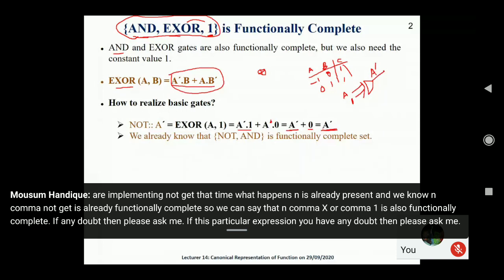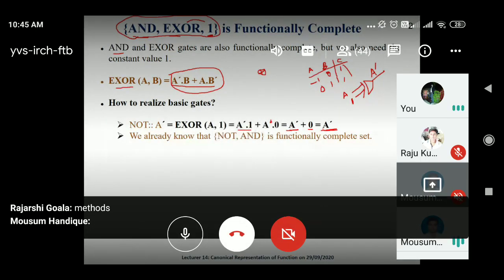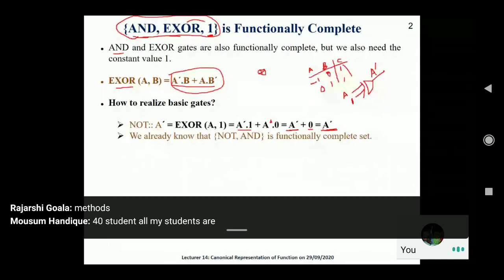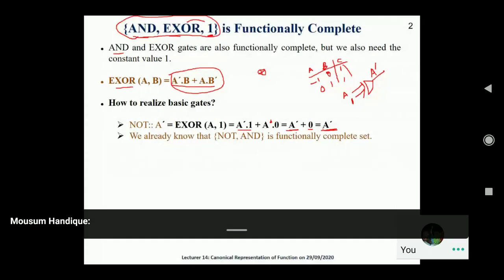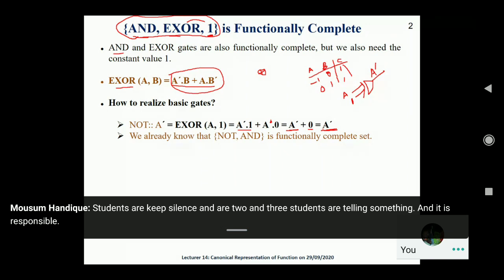वहां पे है कि नहीं है, ये लोग पता नहीं क्या कर रहे हैं. 40 students, all the students are keeping silent, and 2 or 3 students are telling something, and it is मुझे रेस्पॉन्स करना है किसी भी तरह, इसीलिए आप लोग मतलब रेस्पॉन्स कर रहे हैं, जस्ट फॉर्मेलिटीज कंप्लीट कर रहे हैं. बाकी स्टूडेंट कहाँ गया? Where are the other students?